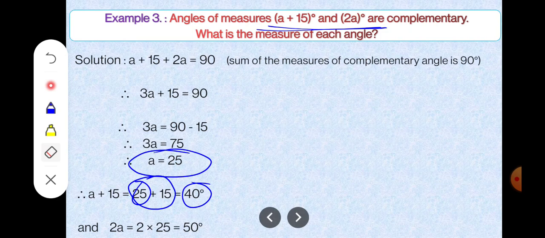So 2a means 2 into 25 is equal to 50 degrees. If you check, we are getting 50 and 40. That means they are absolutely complementary, because 50 plus 40 is 90 degrees. So the measures of the angles are 40 degrees and 50 degrees respectively.